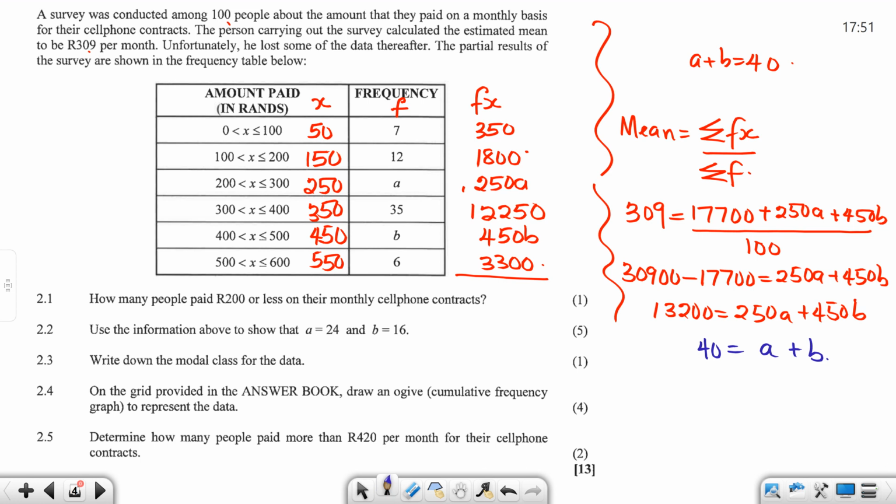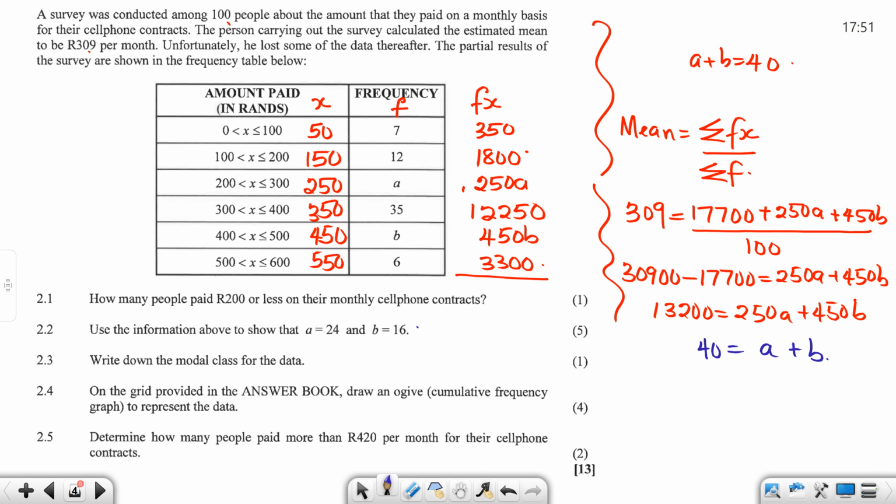Guys, are we up? Okay, I'm waiting. Simultaneous. All right, so solve simultaneously and we are done.